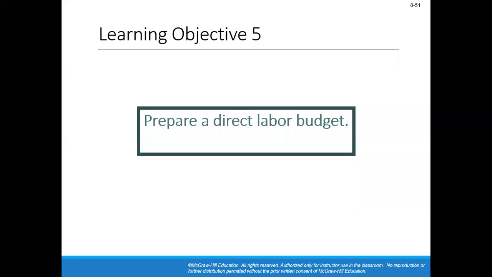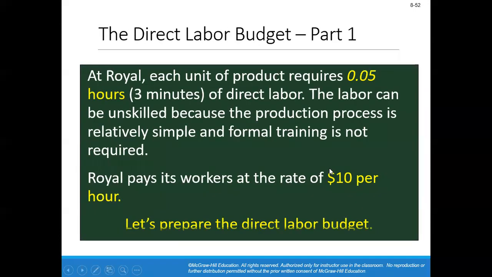Now we would like to prepare a direct labor budget in continuation of the master budget. Here we have been given some information for preparing the direct labor budget.